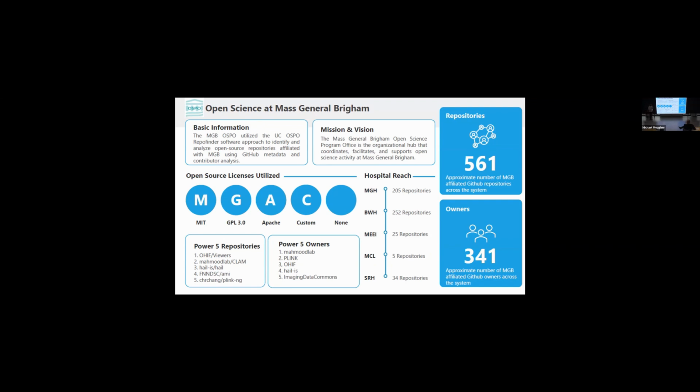So I copied a script written by the USP OSPO and redeveloped it. So instead of universities, it was our specific hospitals, and I gathered really similar data to some of the other OSPOs that you've seen. There's a lot of none, a lot of MIT, some Apache, some GPL.